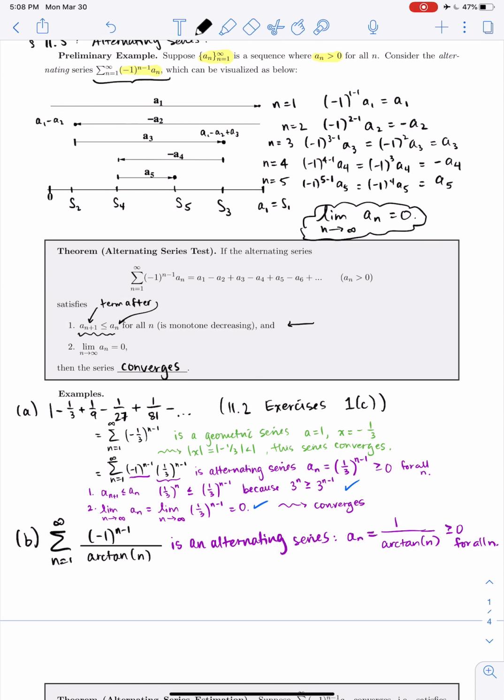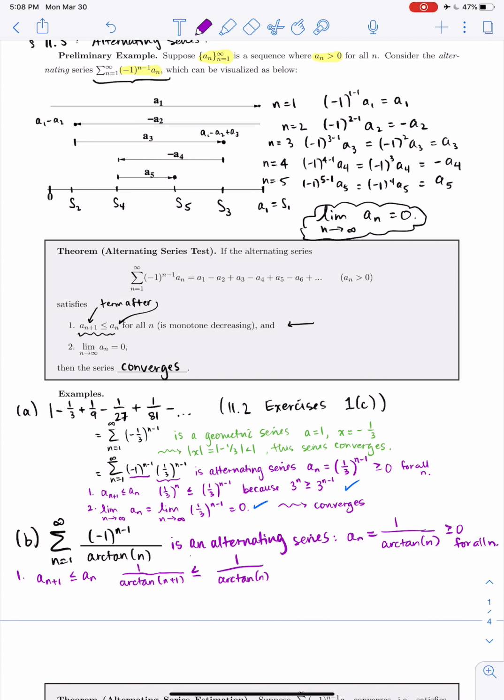And that means that we can apply the alternating series test. The first thing we have to check is that we are decreasing. So we need to check that the n plus first term is always smaller than its previous term. That is equivalent to asking that 1 over arctan of n plus 1, the n plus first term of our sequence, be less than 1 over arctan of n.